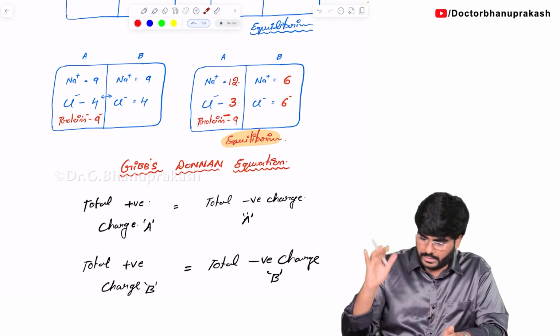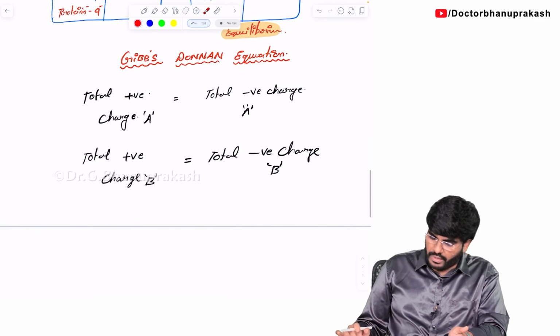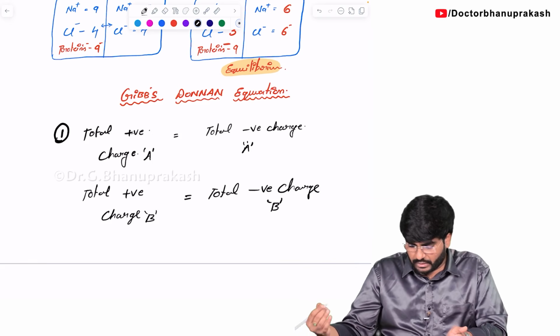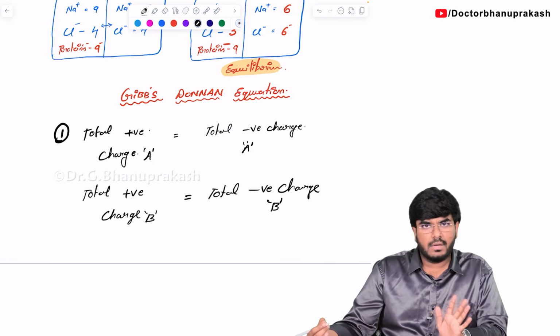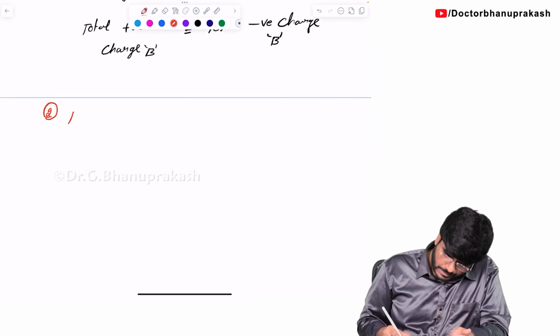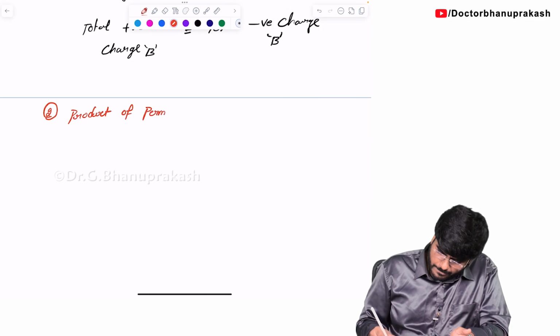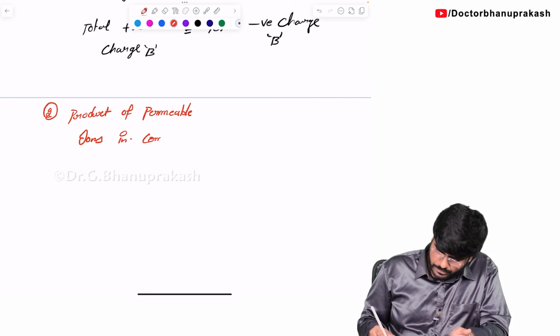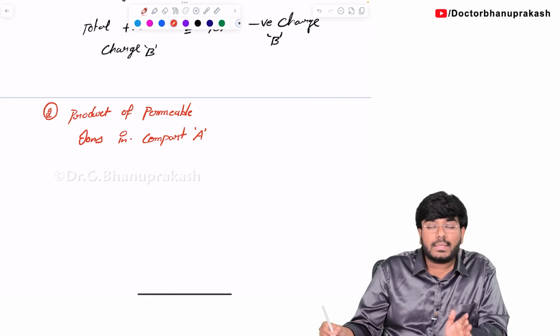Okay, next, now I am going to multiply. This is the first point in the Gibbs-Donnan equation. The second one is the product of permeable ions in compartment number A. The product means multiplication.